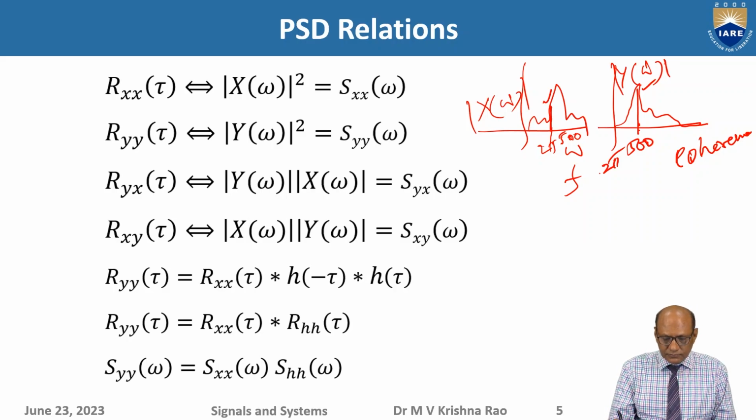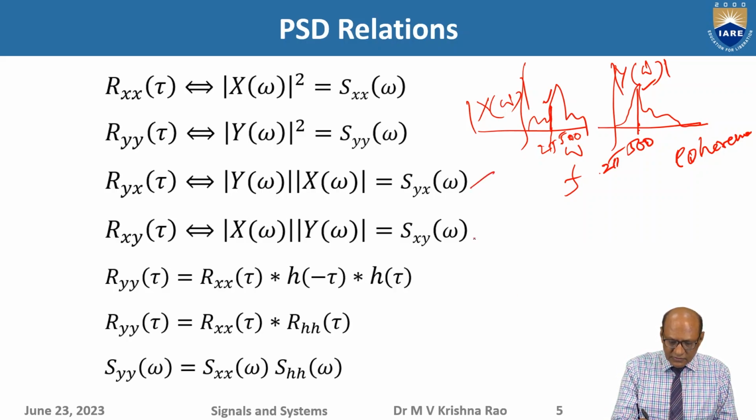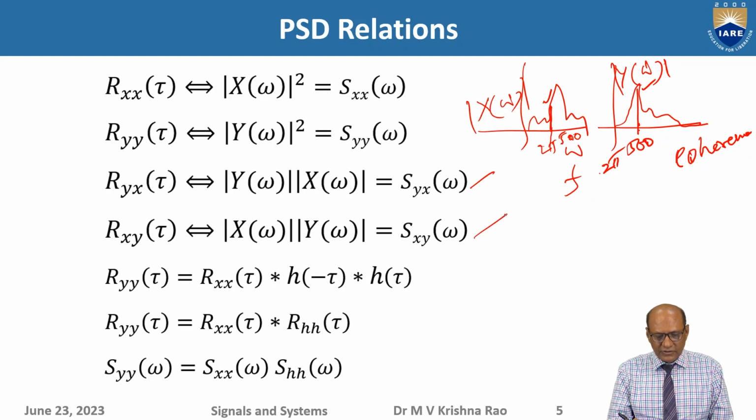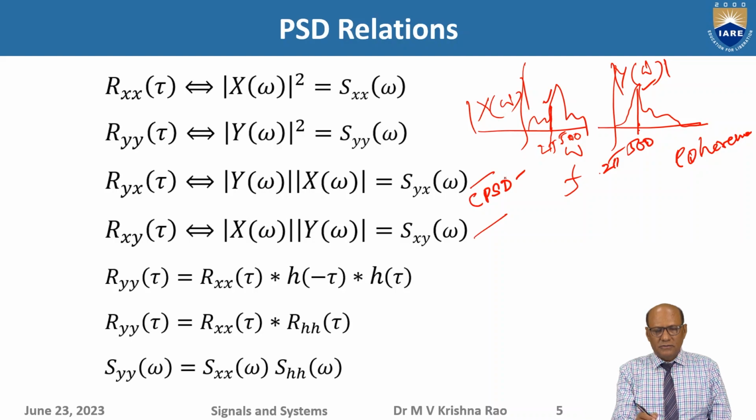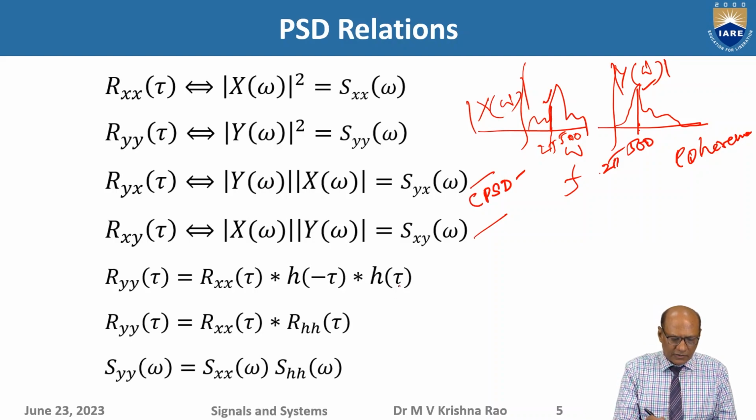That is the importance of the cross power spectral densities, CPSDs. These are nothing but cross power spectral densities. Okay, so that is a new term in terms of spectra.